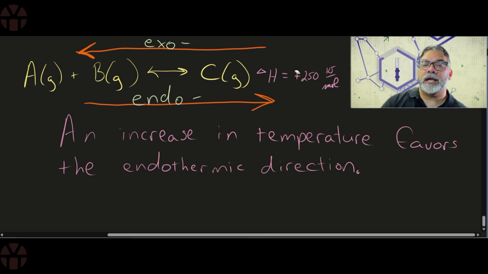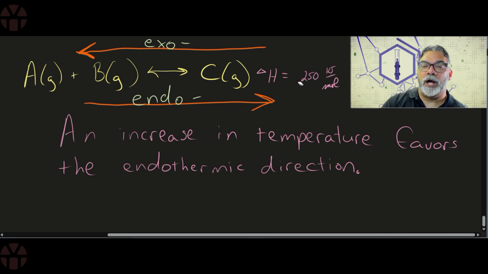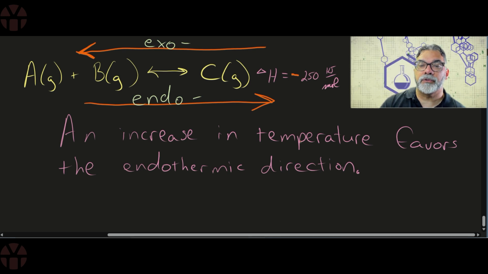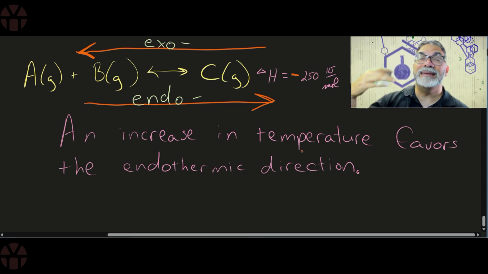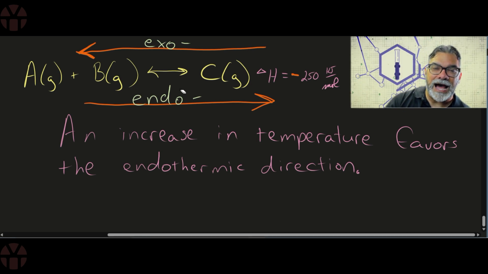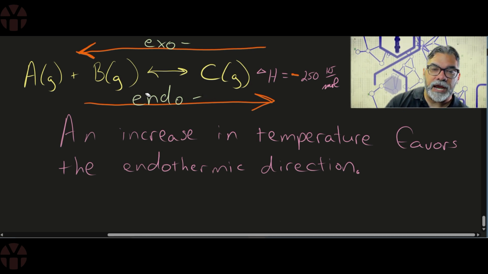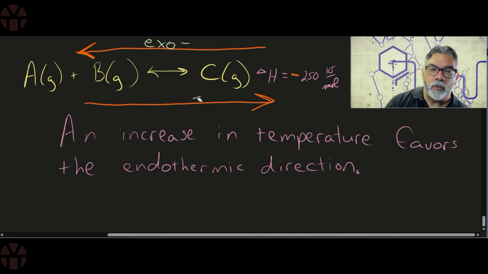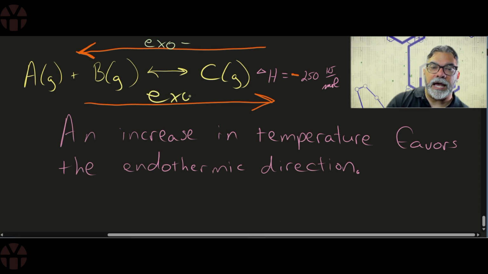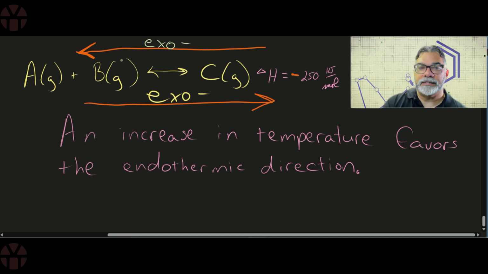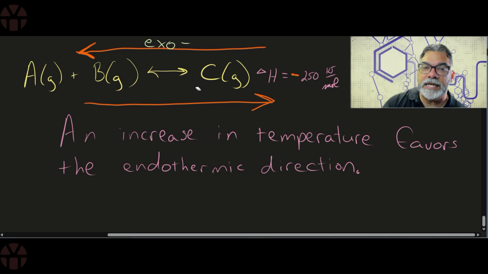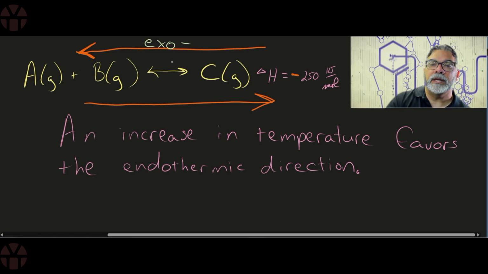If, for the sake of argument, I had told you that this reaction is exothermic and delta H is negative 250 kilojoules per mole, then I would have to change these arrows. Going from left to right it would be exothermic, and right to left, endothermic.